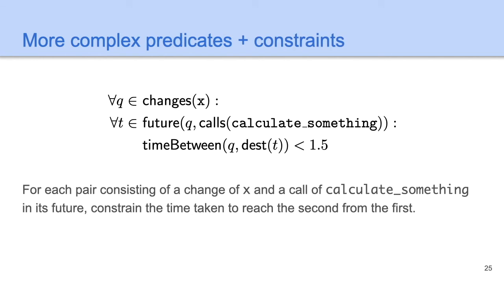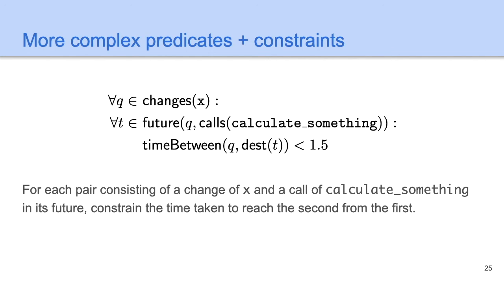We can also define more complex specifications using multiple quantifiers like we saw before. For example, in this case, we first use the predicate changes and bind every concrete state that this identifies to the variable q. We then use the future predicate along with calls of calculate something to bind future transitions that satisfy the calls predicate to the variable t. But then we introduce a new operator which is time between.